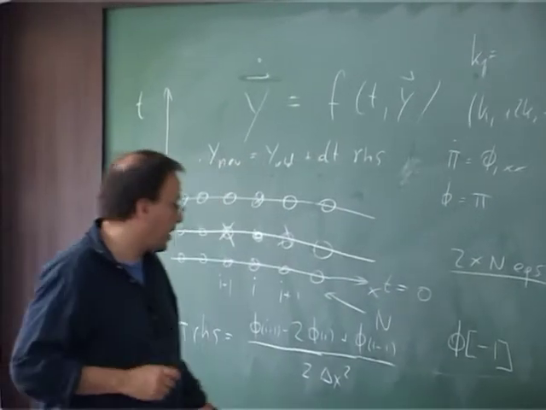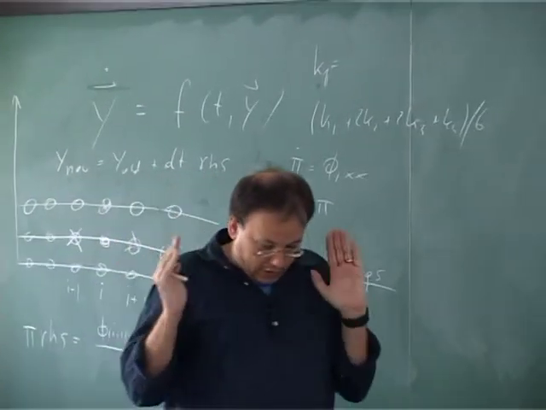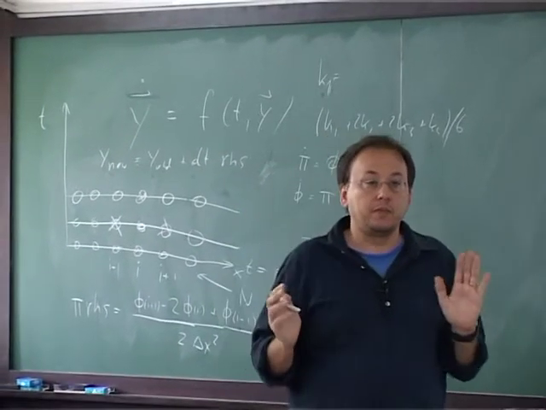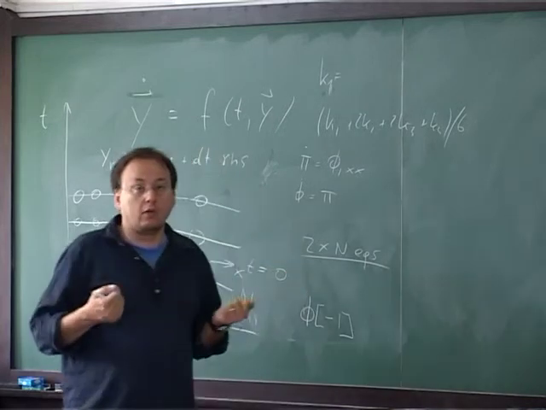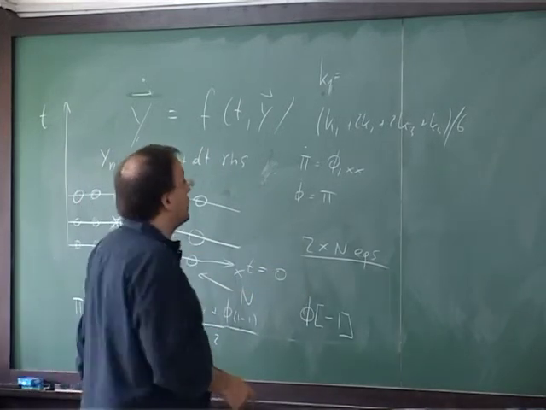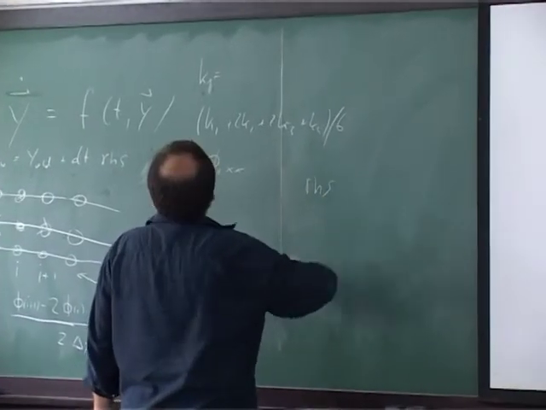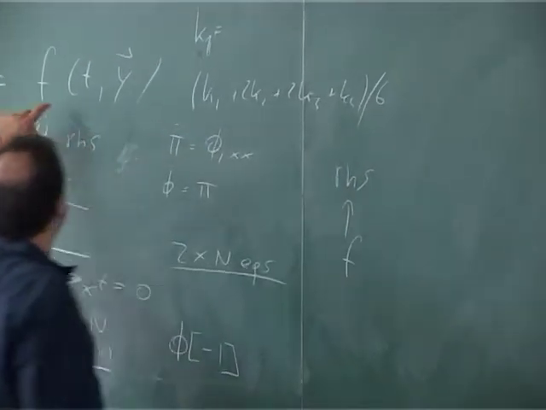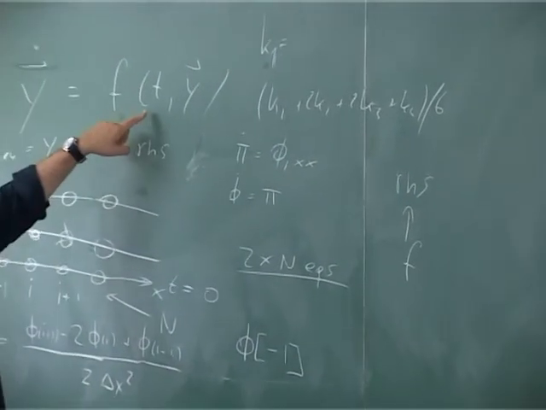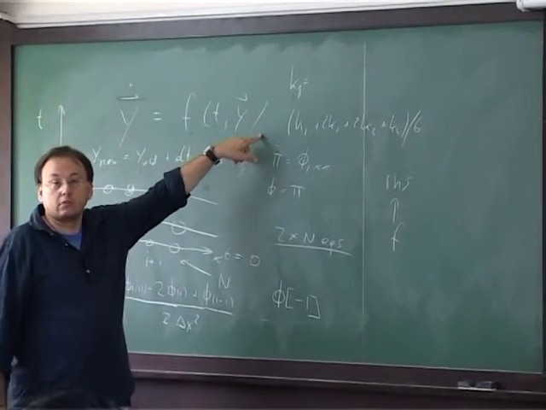All right. Now, in the formula for the Runge-Kutta integrator, it provides for an explicit dependence on time when we compute the right-hand side. So when we compute this right-hand side function, which would be the thing that corresponds to the f here, this provides for an explicit dependence on the time and on the state vector.